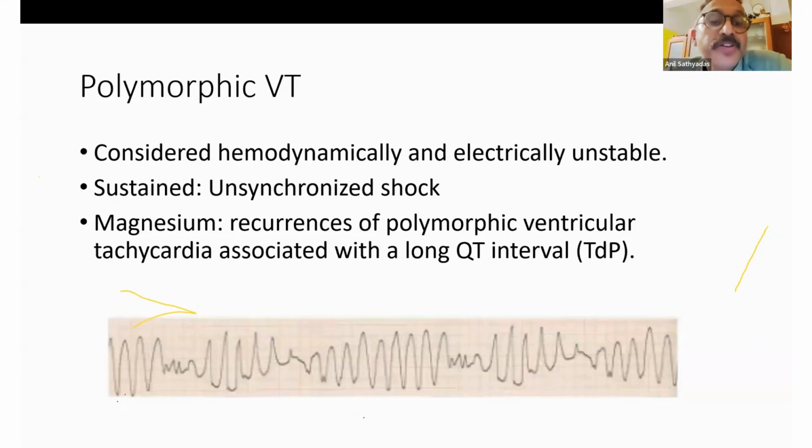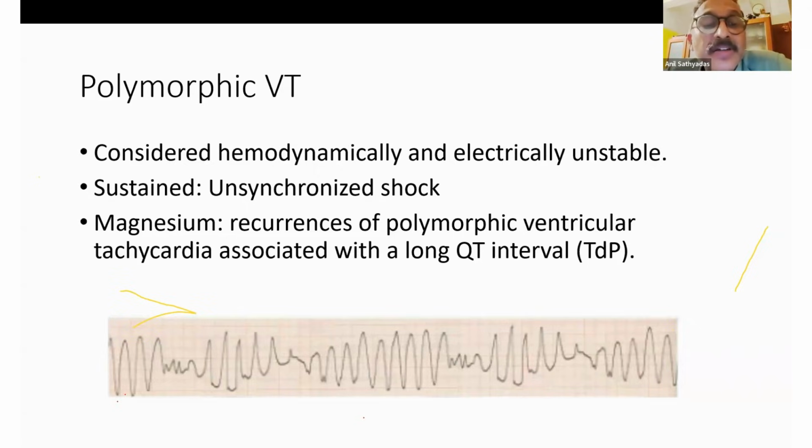So what about polymorphic VT? We saw that monomorphic VT had almost similar waveforms, but here we have a polymorphic VT. A typical example is Torsades de pointes, where it looks like twisting around the axis. You can see the ECG very typically, and this polymorphic VT is considered hemodynamically and electrically unstable.